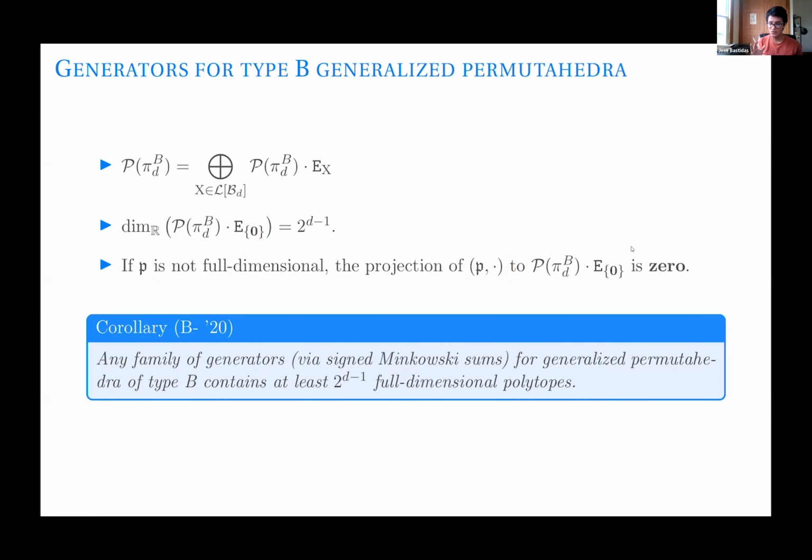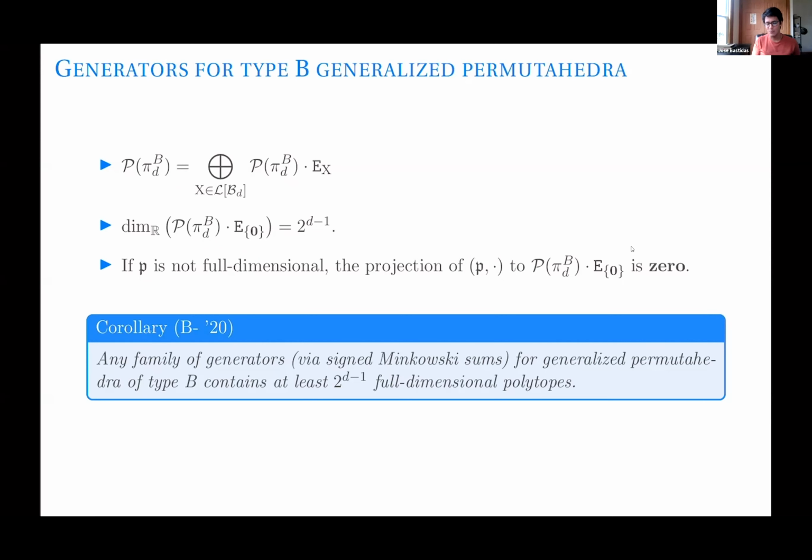So that's going to imply that if I have any basis of this space of this form, because when I project it to this subspace I'm still going to get a generating set, I needed to have at least 2^(d-1) that are full dimensional. As a consequence, I cannot have just a single polytope and all of its faces and generate the whole space of deformations. That's not going to happen, like in type A. That cannot happen in type B.